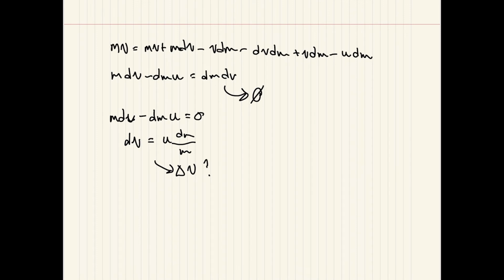So how do we get delta v from this? We'd have to integrate. We'd integrate the first side, dv, with upper limit v2 and lower limit v1, and it equals the integral of u dm over m with upper limit m2 and lower limit m1. After integrating, you can bring the u outside the integral, so delta v equals u times the integral of 1 over m with respect to m.